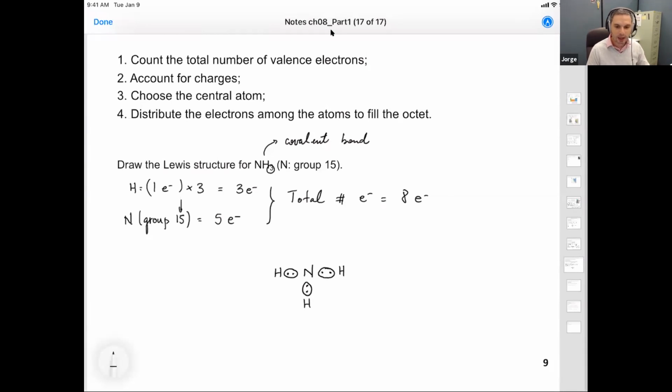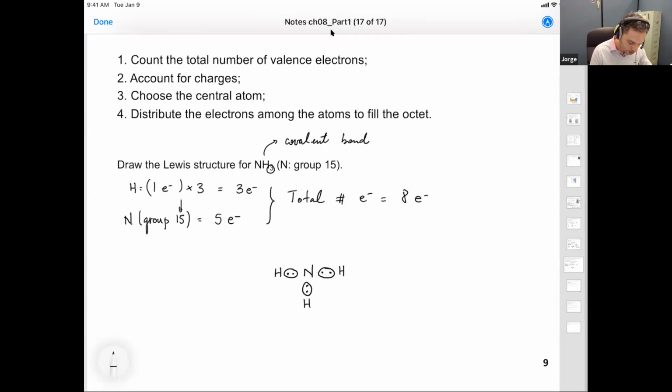Okay, and now we count the number of electrons and verify if everybody in the structure is happy. Remember, each pair of electrons that is being shared belongs to both of the atoms. So let's start with the hydrogen on the most left side here.